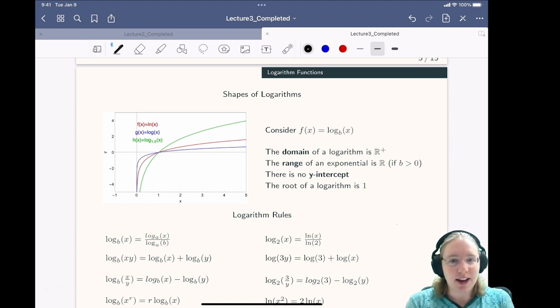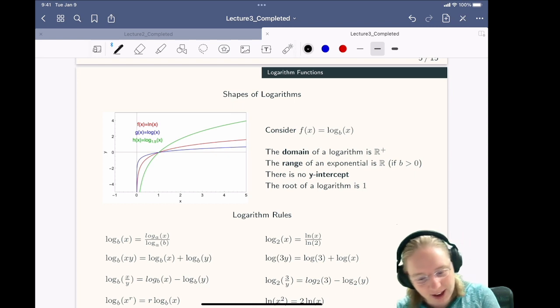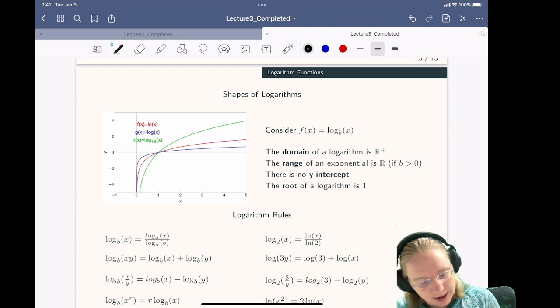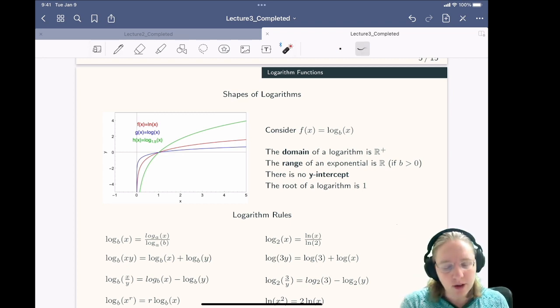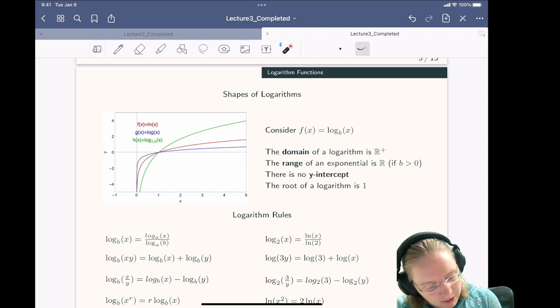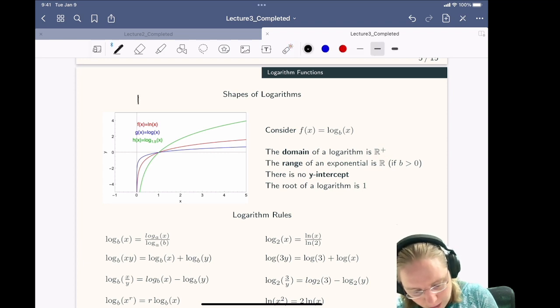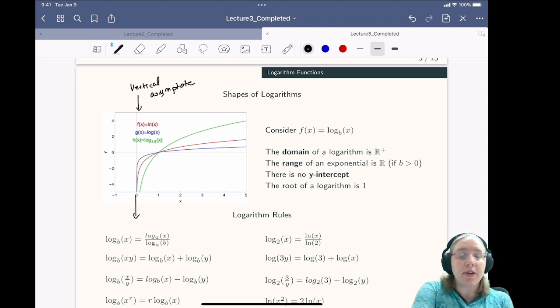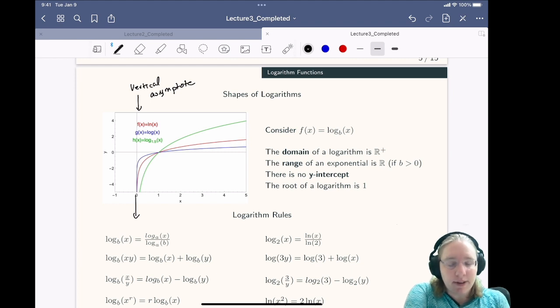In some ways, it looks like an exponential turned on its side, and that is actually very true. So just like the exponential, we should be able to recognize its domain and range. The domain of a logarithm is the positive real numbers. So we have a vertical asymptote here, where we get closer and closer and closer to the y-axis, but we never quite reach there.